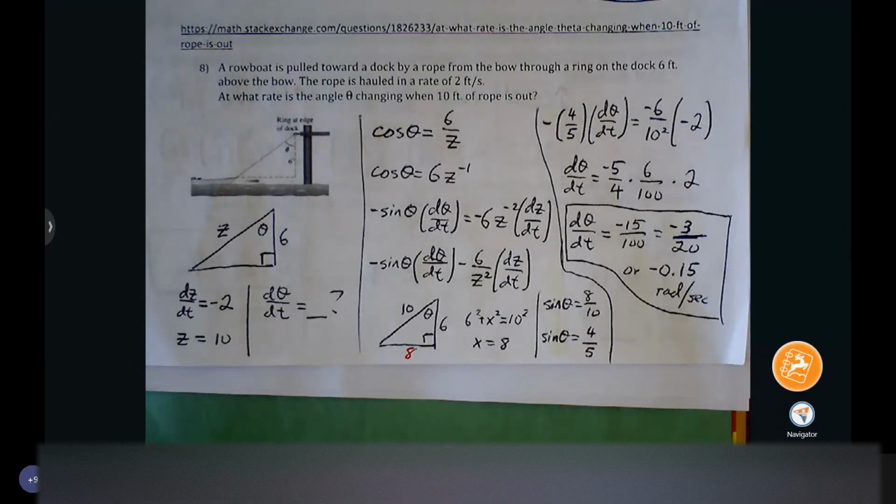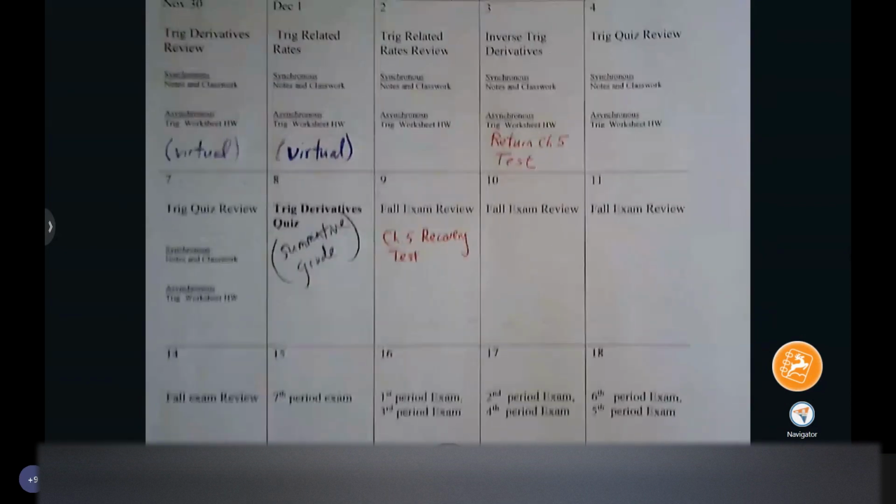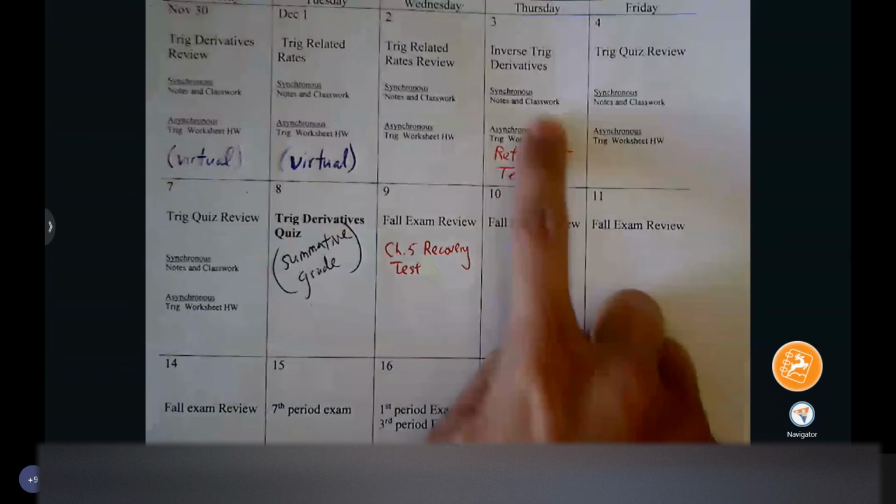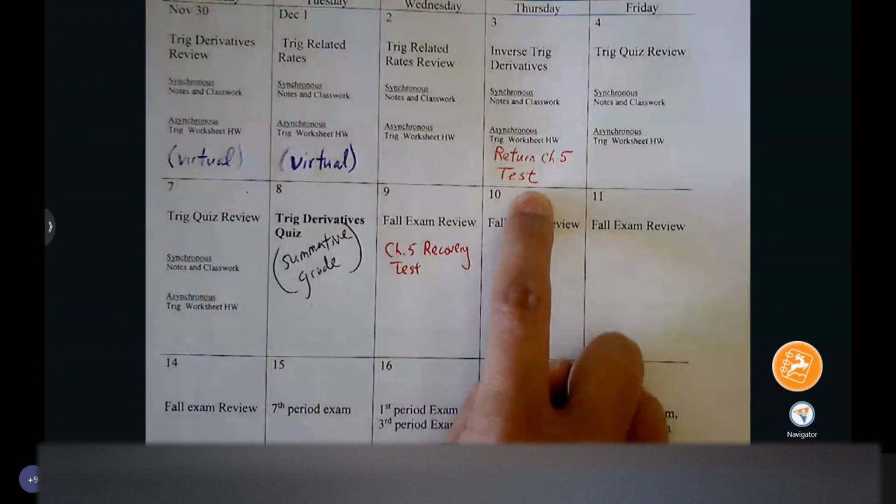Okay, any questions here? All right, so tomorrow we're going to do inverse trig derivatives. I'll return your chapter 5 test to you.